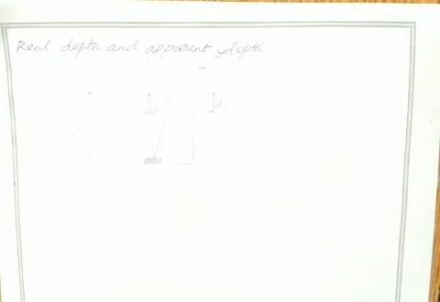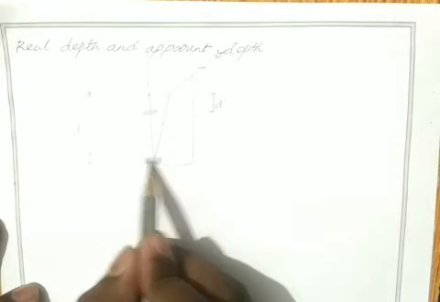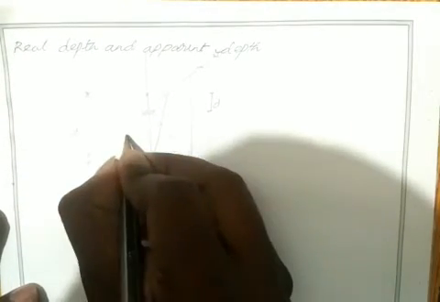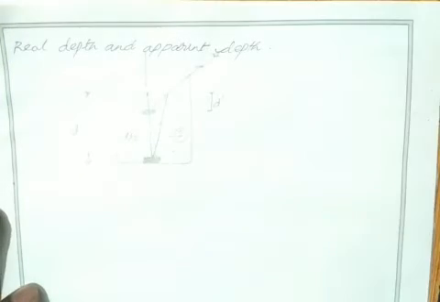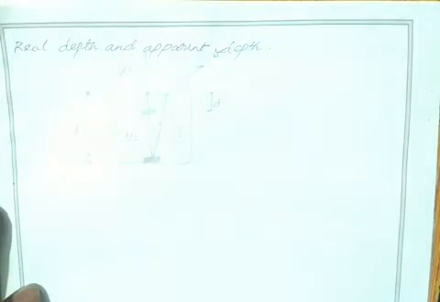When light is coming from the object, from the stone or coin, I take this medium as having the refractive index of mu2. So I consider this medium the second medium. Then light going towards our eyesight, that medium is taken as the first medium, which has the refractive index mu1.